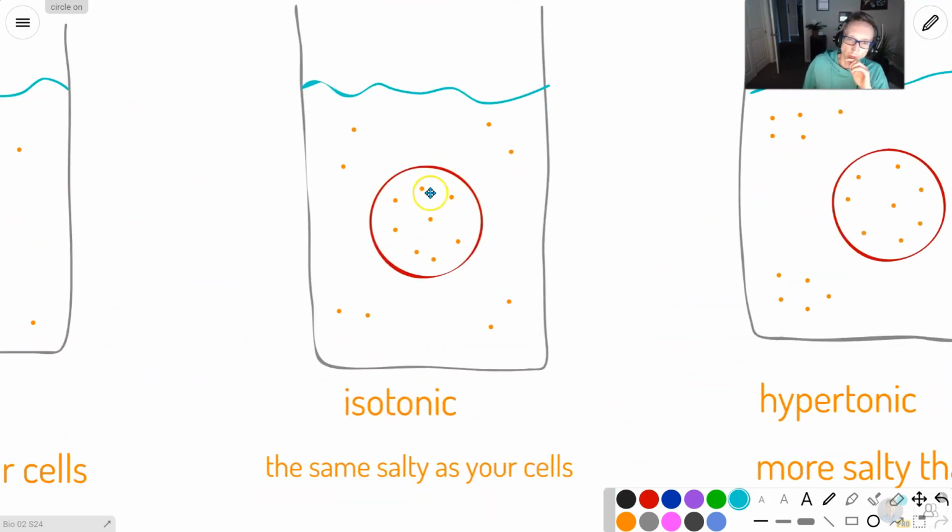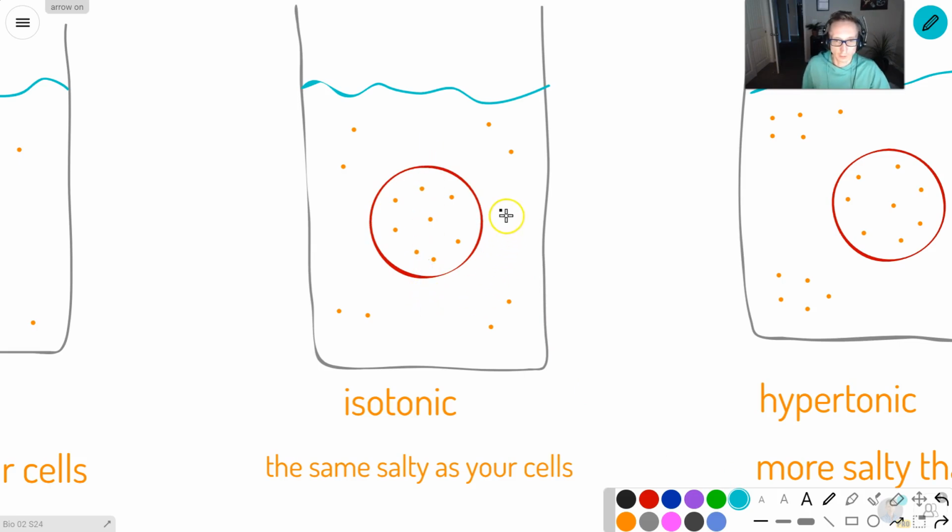We've got the same amount of salt inside and outside of the cell. It's at the same concentration, even though this seems a little higher concentration. Let's just say it's the same. So what this means is that water is going to evenly enter and exit the cell.